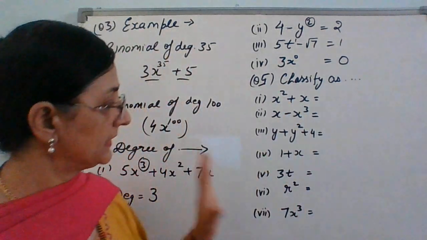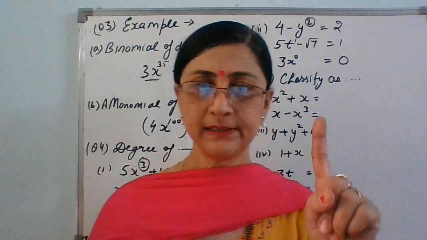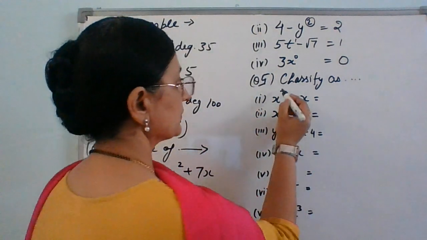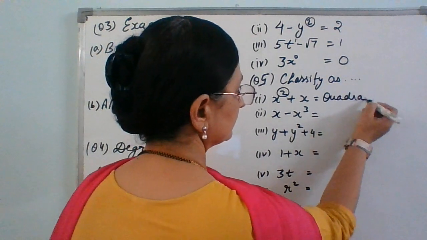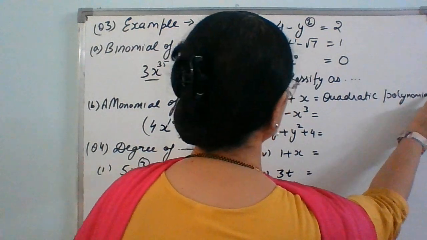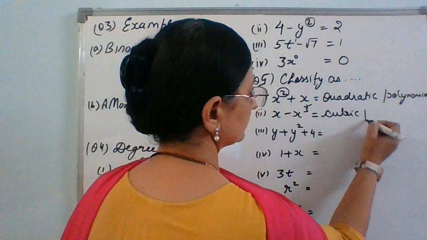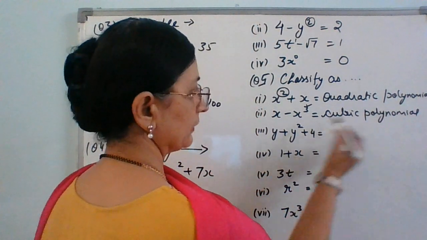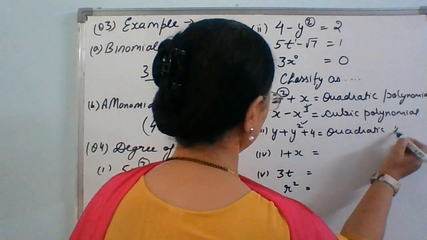Here we have to classify whether it's linear, quadratic or cubic. Linear means degree 1, quadratic degree 2, cubic degree 3. So degree 2 maximum, quadratic polynomial. Now degree 3, cubic polynomial. Then this one, I'll write only quadratic polynomial.